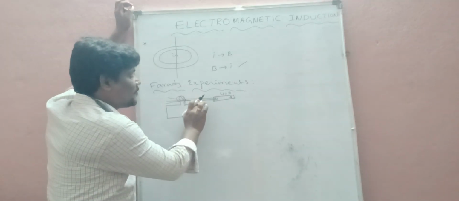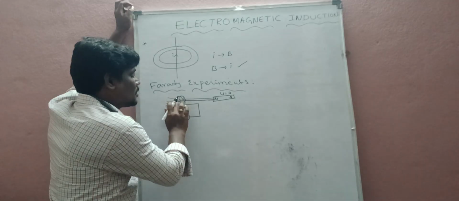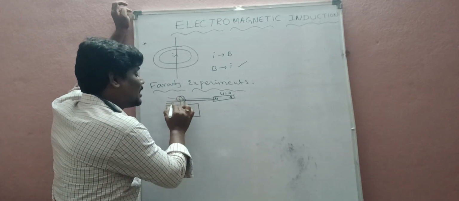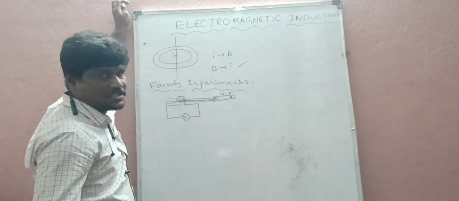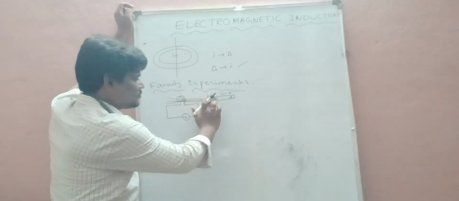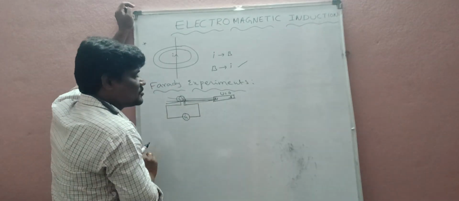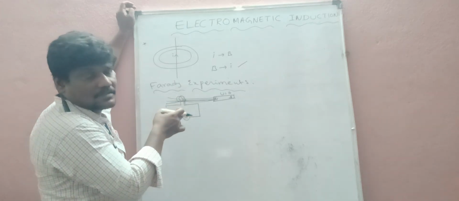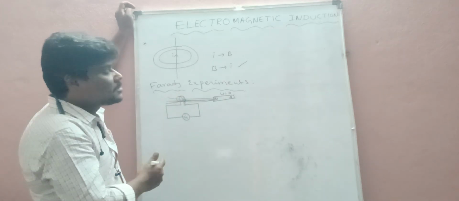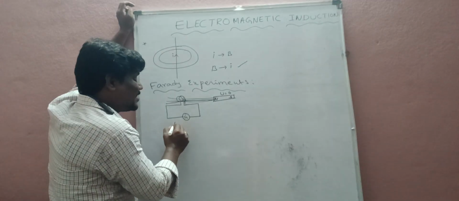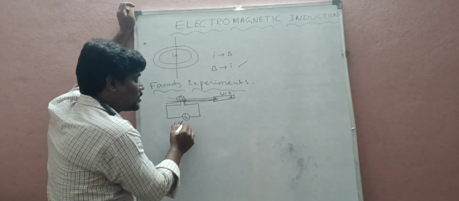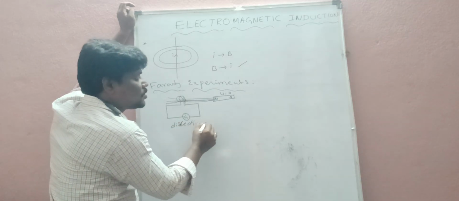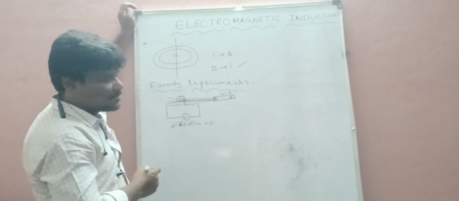The magnetic field linked with the coil does not change. So there is no current produced in the coil. Deflection is equal to 0.